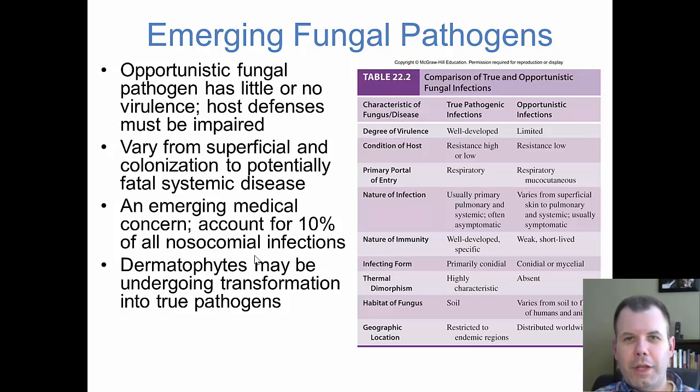They're sick with something, and now you're giving them something else on top of it. So that makes it very hard. And dermatophytes may be undergoing transformation into true pathogens. So the ones that we say are on our skin, a lot of times like ringworm and other things, are getting more and more resistant and becoming more like a true pathogen and can affect healthy and non-healthy people at the same time. And we'll look at that today.